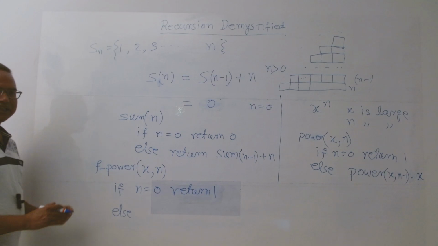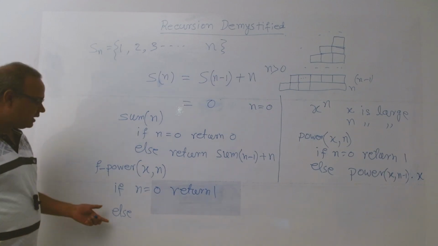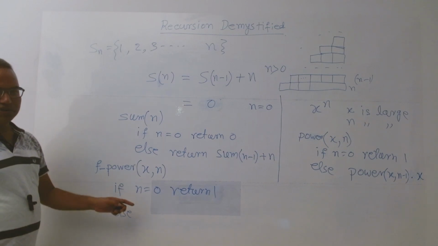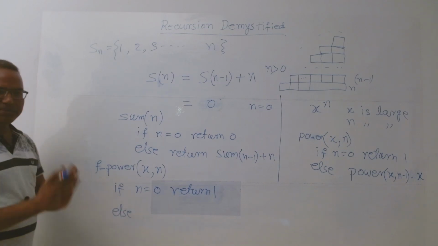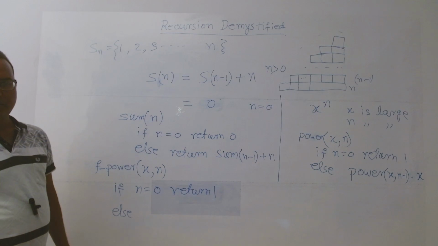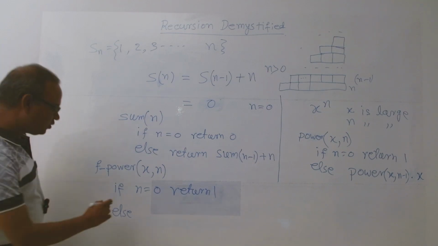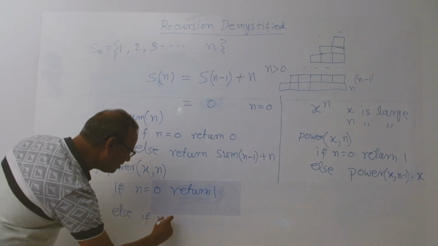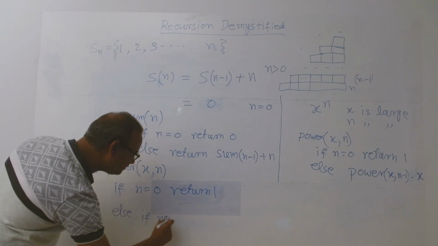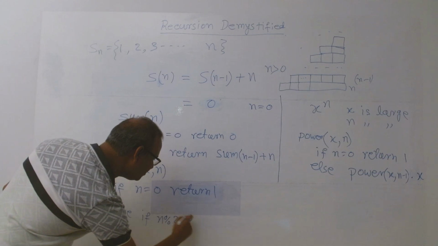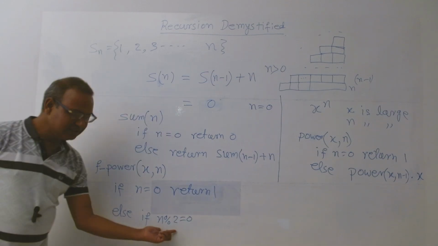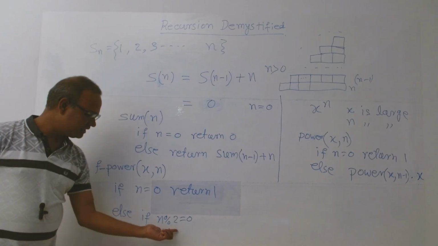else what to do? Else we will check two things. There will be two conditions: n may be even, n may be odd. So else if n % 2 equal to 0, then what we will do? What does it mean? It means n is even.